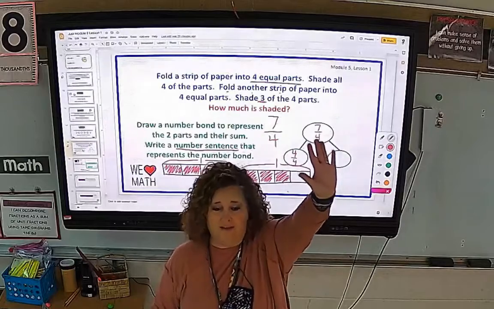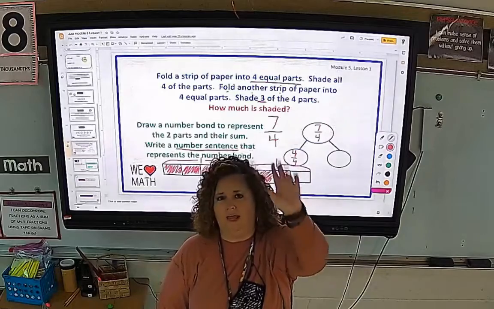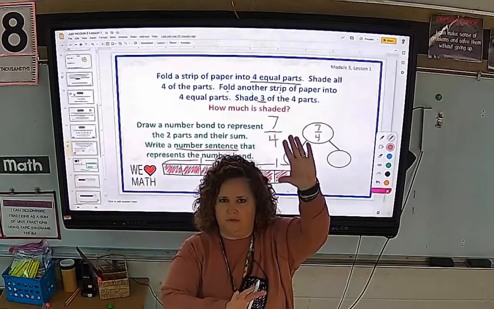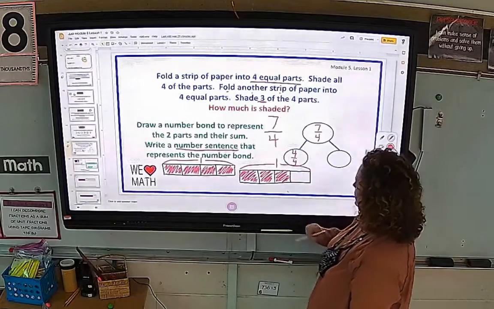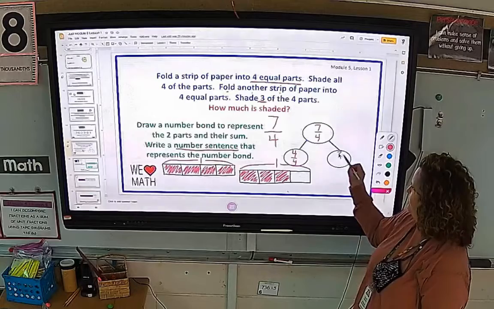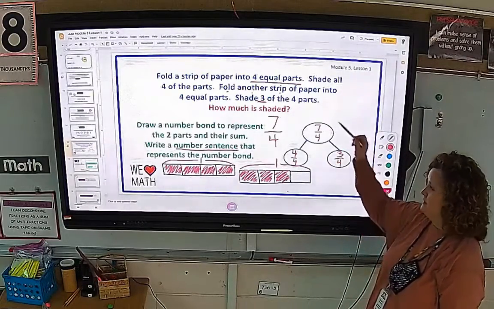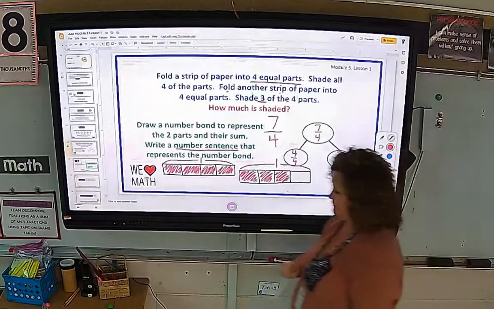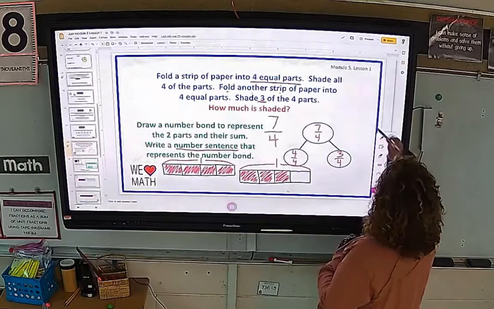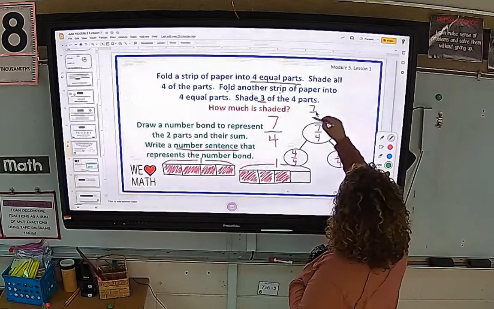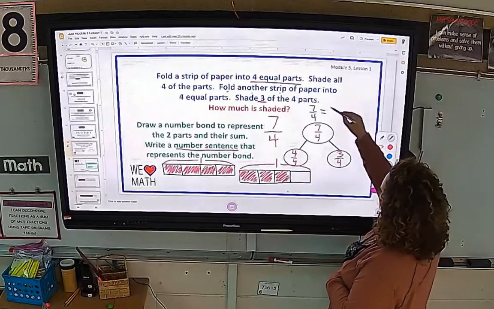And I would be looking for raised hands. 4 fourths is equal to 1 whole. Any number on top of itself is equal to 1. So this is also equal to 1 right here. Now, how many fourths are here? 3 fourths. So we know that 4 fourths plus 3 fourths is equal to 7 fourths. So what would our number sentence be? 7 fourths is equal to 4 fourths plus 3 fourths.